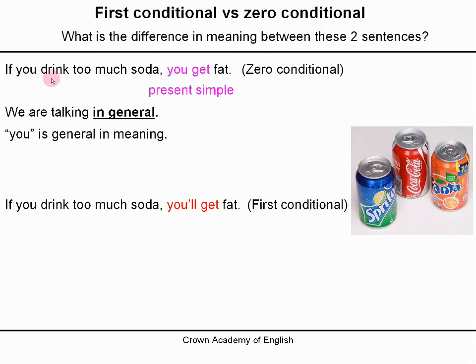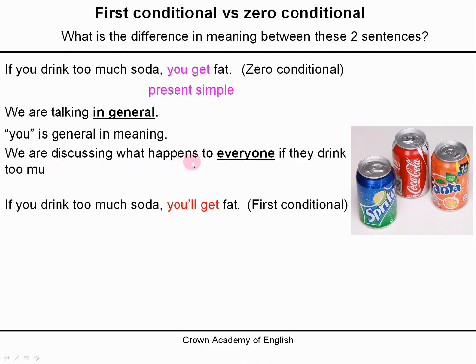If people drink too much soda, if everybody drinks too much soda. Okay, we're not saying you to somebody specific. Therefore, we are discussing what happens to everyone if they drink too much soda. It's a fact. Okay, we're talking about facts.